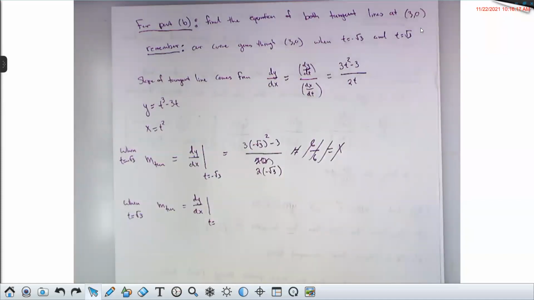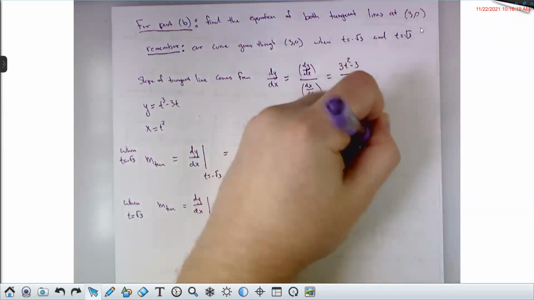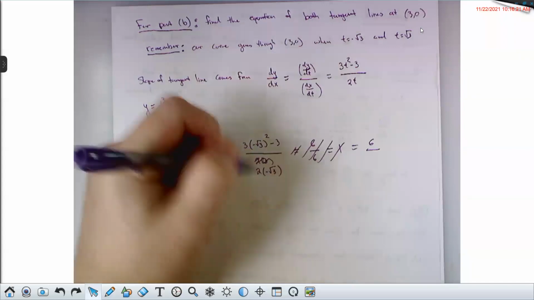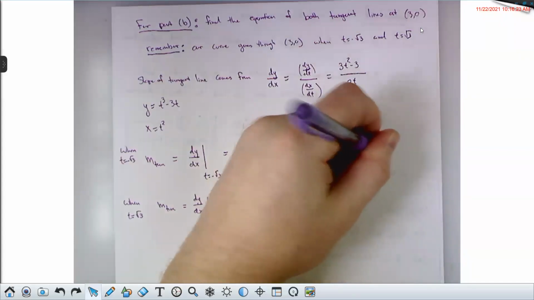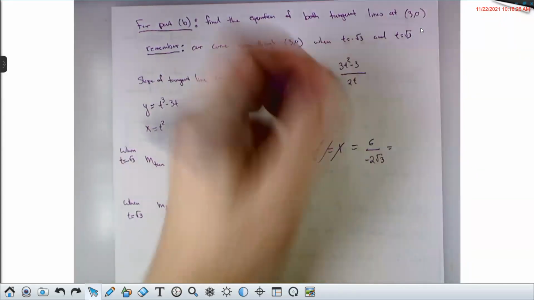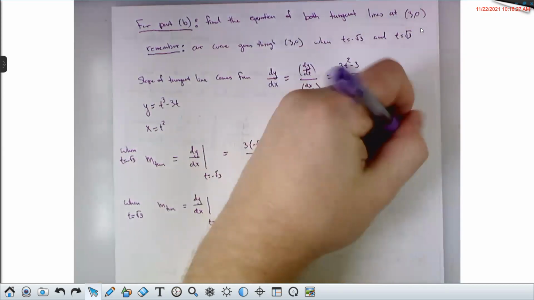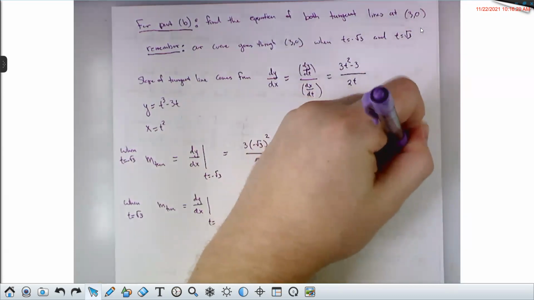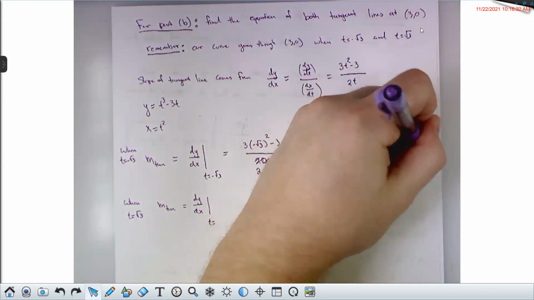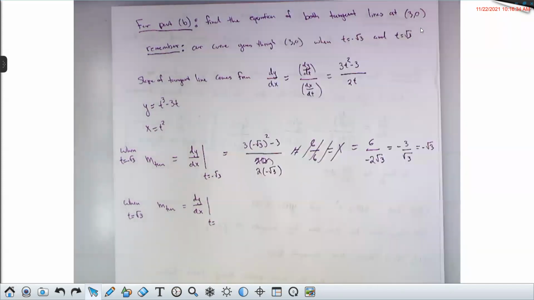So that numerator is 6. That denominator is negative 2 root 3. And then you can cancel 6 and the 2. You get negative 3 over the square root of 3, which is just negative square root of 3. I was thinking that looked awfully weird. This is a 2t downstairs, and I'm plugging in negative square root of 3 for t.